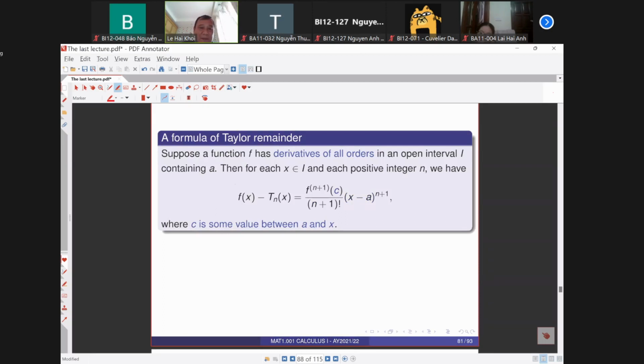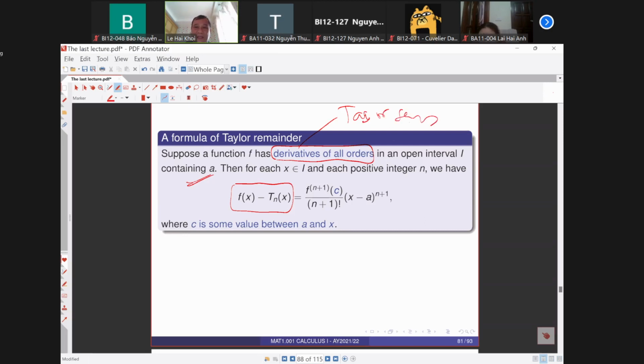So, in this case, you can have the difference between f(x) and Tn(x), which perform the so-called Taylor remainder. Suppose f has derivatives of order n+1 on some interval containing a, which means that f has a Taylor series, right?